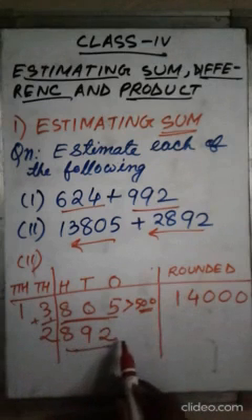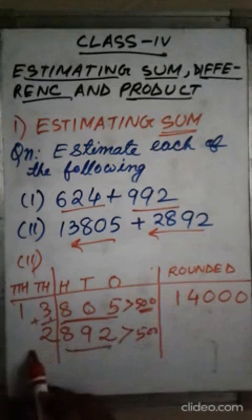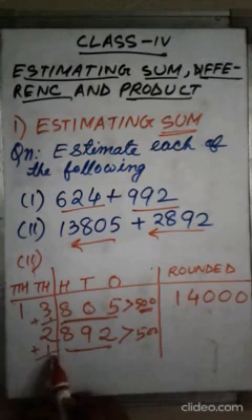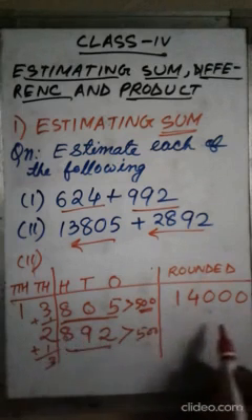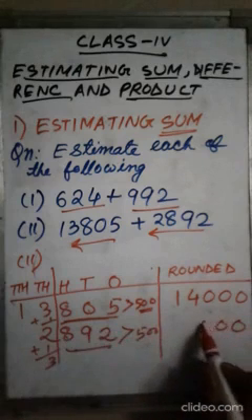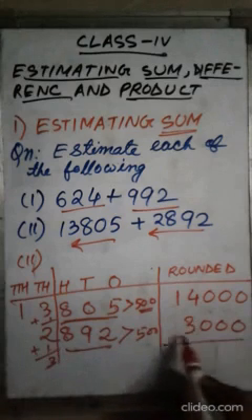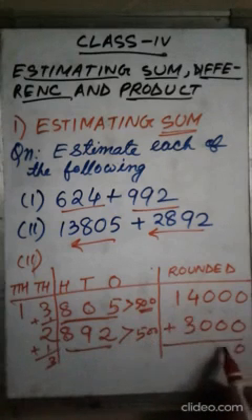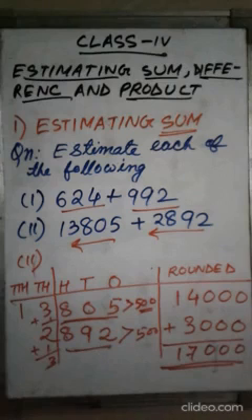This also is greater than 500, therefore I have to add 1, so it will be 3. For these 3 digits, I shall write 3 zeros. Now add both the numbers, you shall get 17,000.